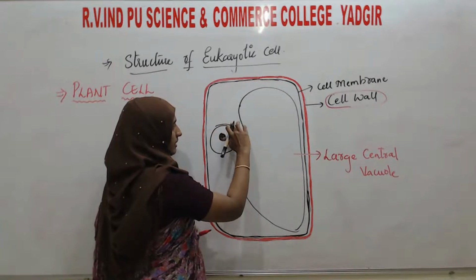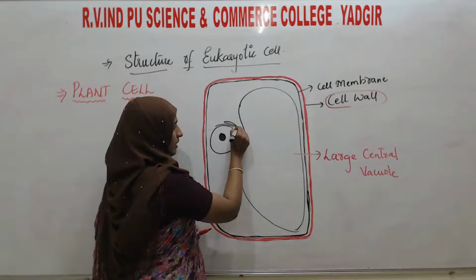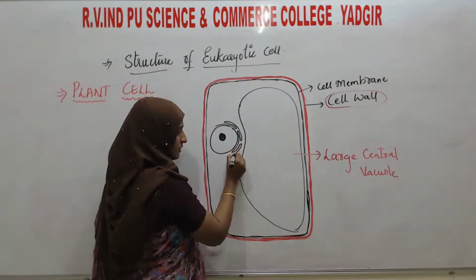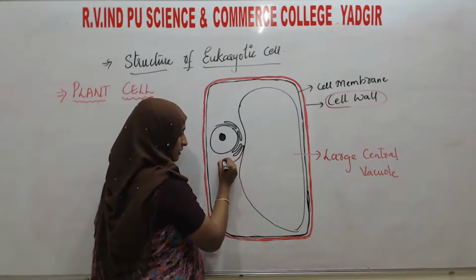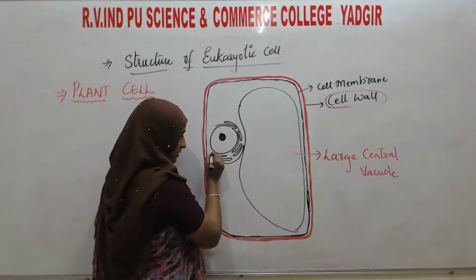It is enveloped by a membrane known as the nuclear membrane, around which there are certain reticular tubular structures present in the form of a network.